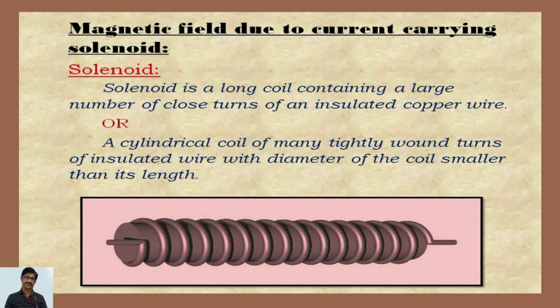In other words, a cylindrical coil of many tightly wound turns of insulated wire with the diameter of the coil smaller than its length is also taken as a solenoid.